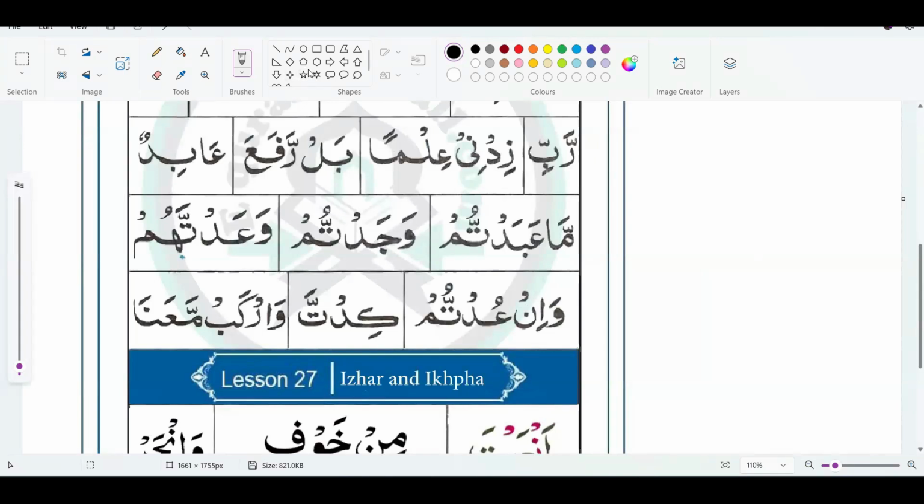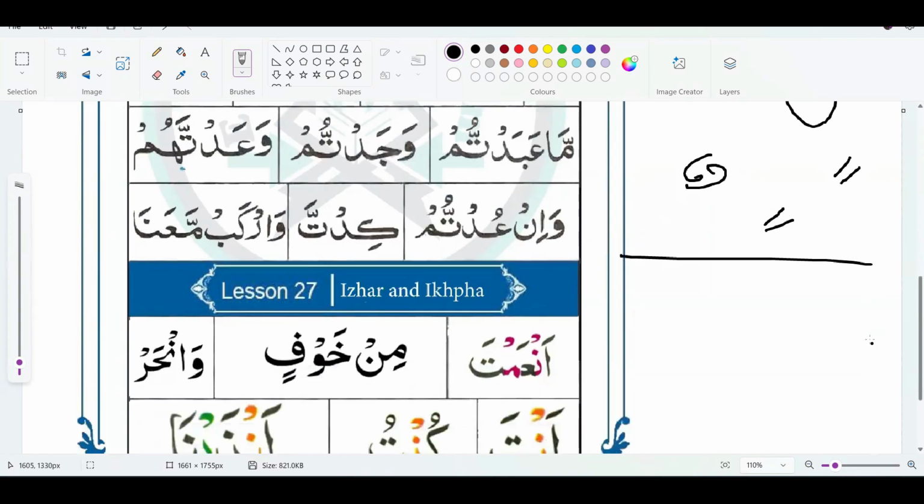Whenever you are in the Quran and you see Noon Sakin or a Tanween sign, check what comes after. If there is any letter from Yarmalun, Ya, Ra, Mim, Lam, Waw, Noon, then what do we do? We merge.